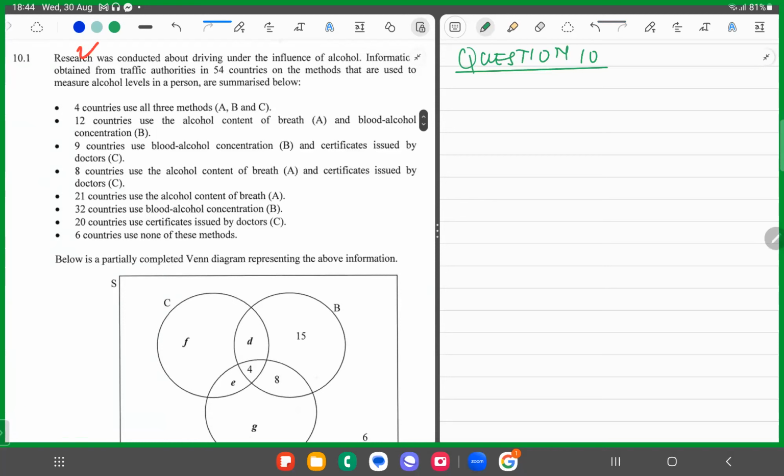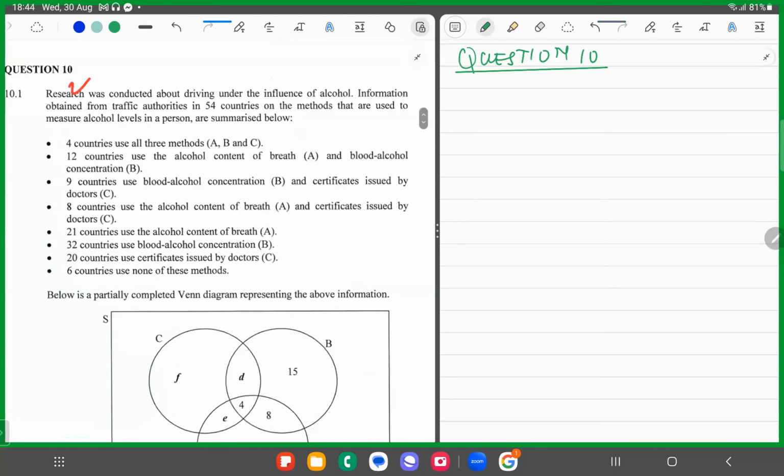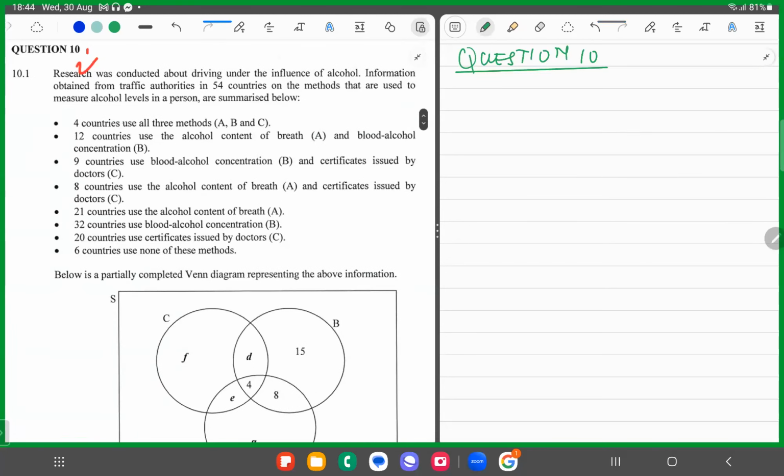Research was conducted about driving under the influence of alcohol. The information was obtained from the traffic authorities in 54 countries, and all the methods that are used to measure alcohol levels in a person are summarized below. Traffic authorities in 54 countries.